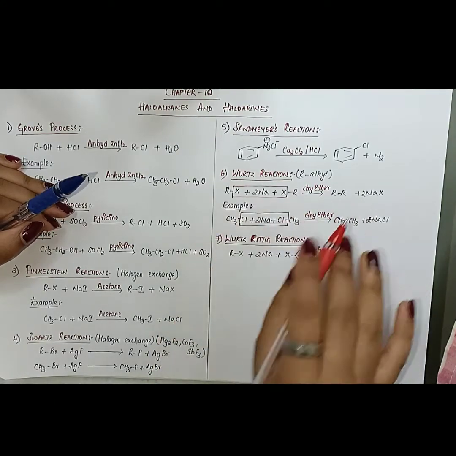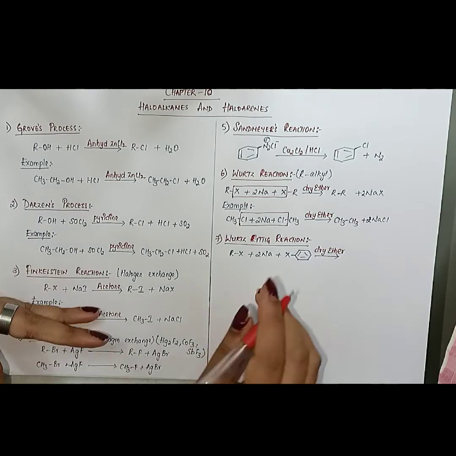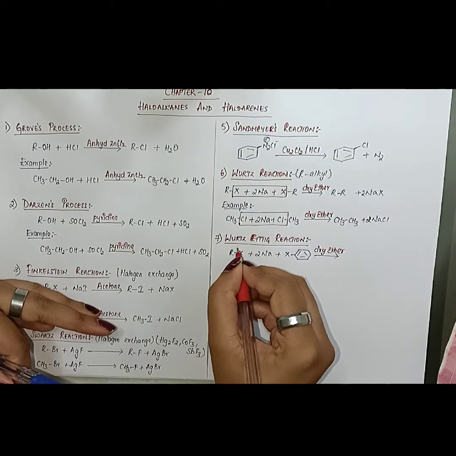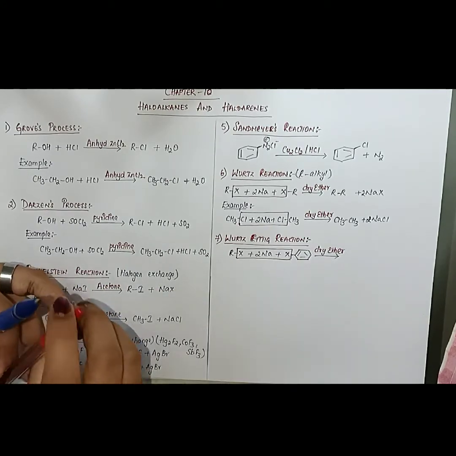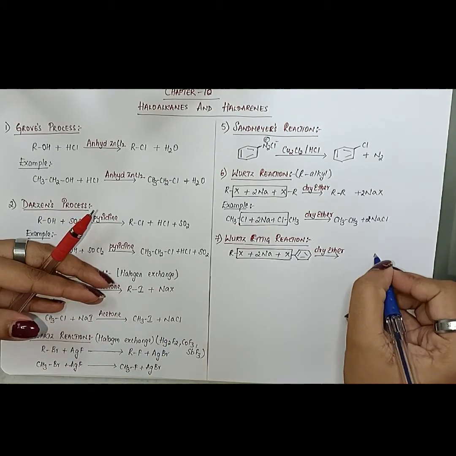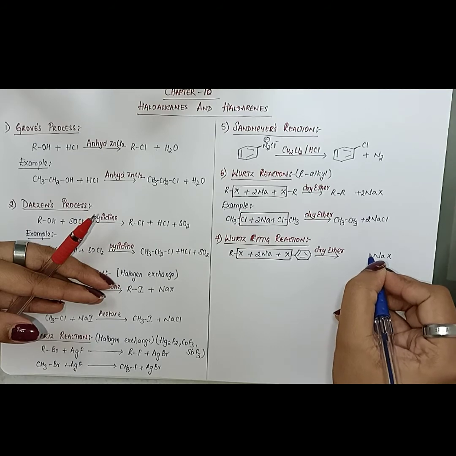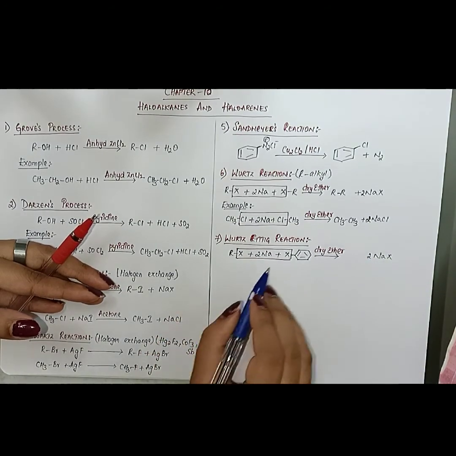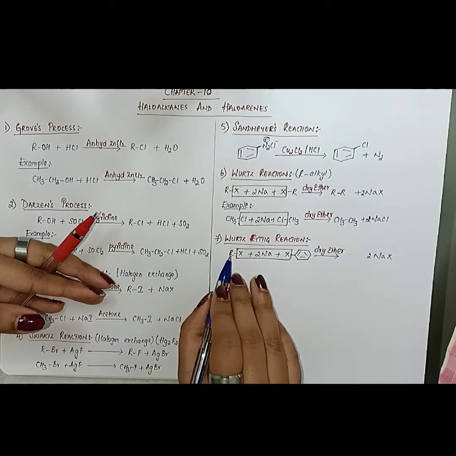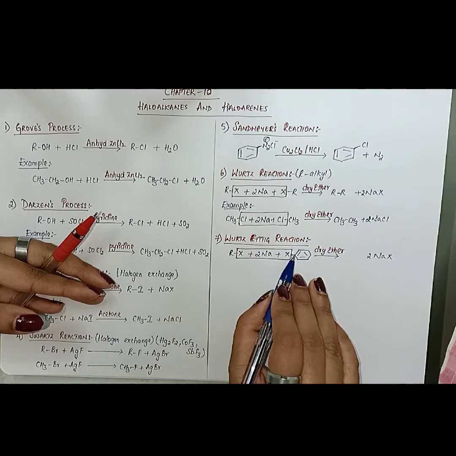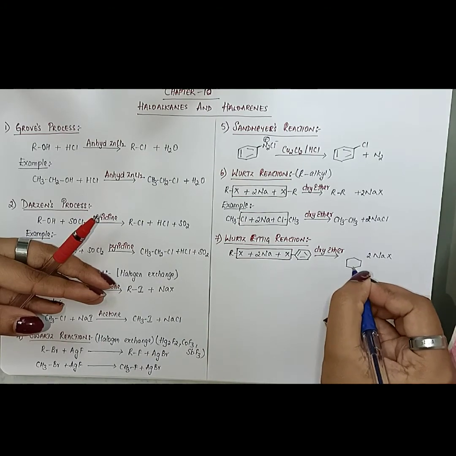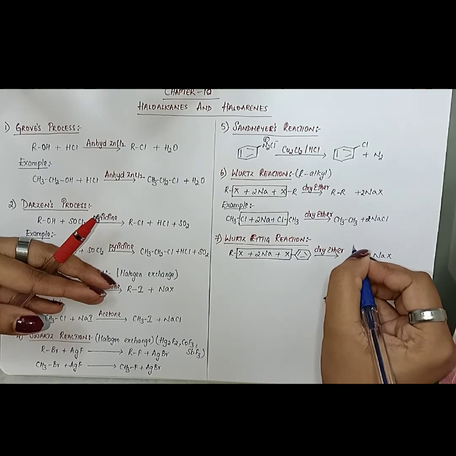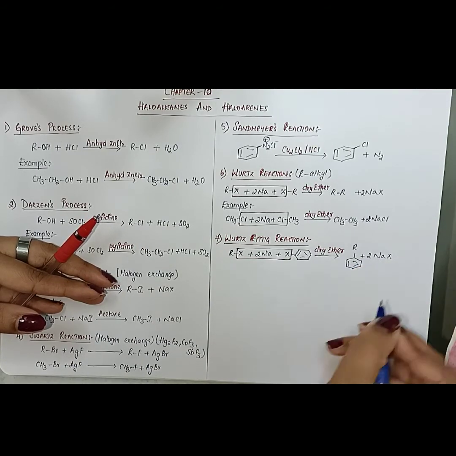The procedure is again the same. You will have halogen here bonding with sodium to give NaX, 2NaX. What about the R groups? This R group will be bonded on the benzene ring. So I'll just draw the benzene ring with an R group on top.